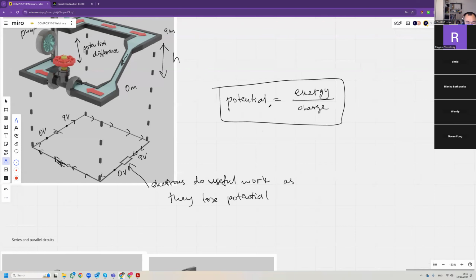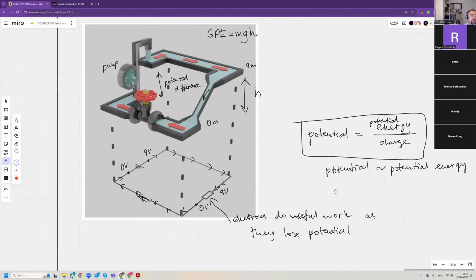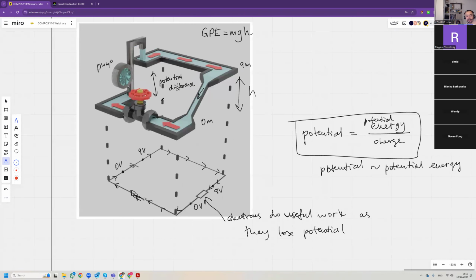So basically what this means is that the potential is proportional to potential energy. This is potential energy, of course. Electrical potential energy, or gravitational potential energy in this case.